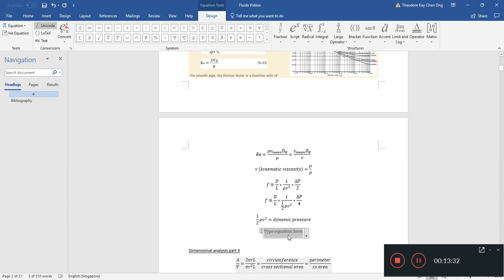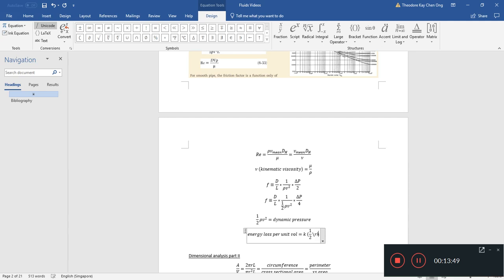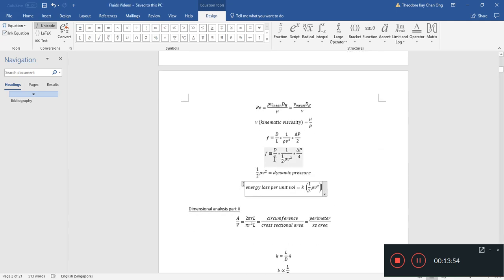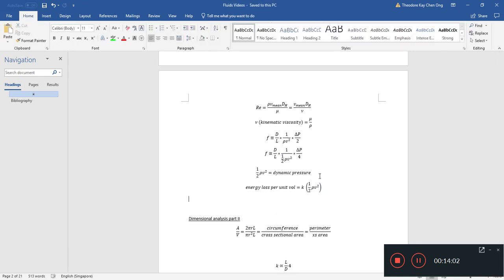So we have found K equals to, so we find that the energy loss per unit mass or volume equals to K half rho v square. Okay, we have found that this equals to the K times the half rho v squared. What can we do?